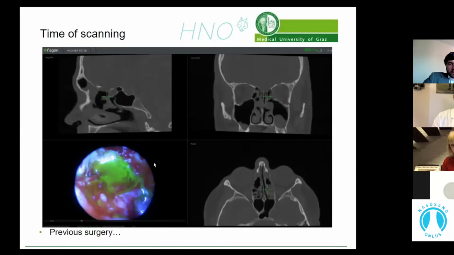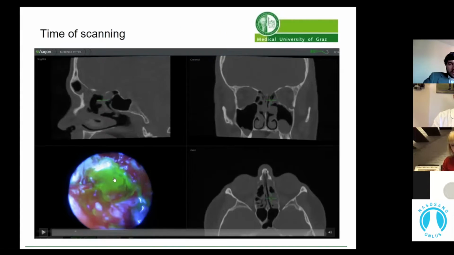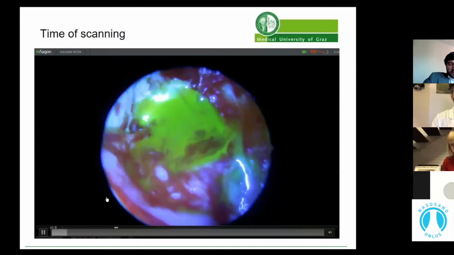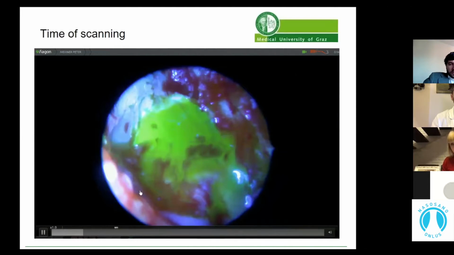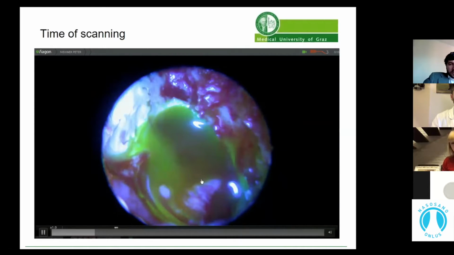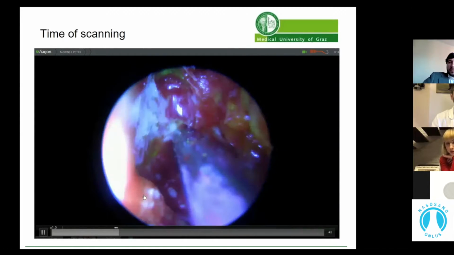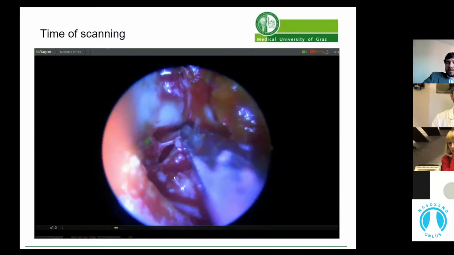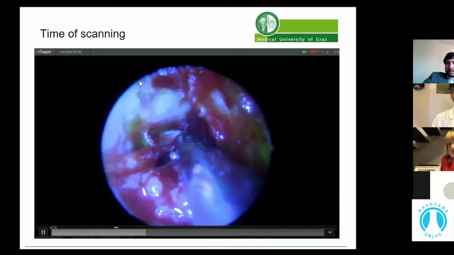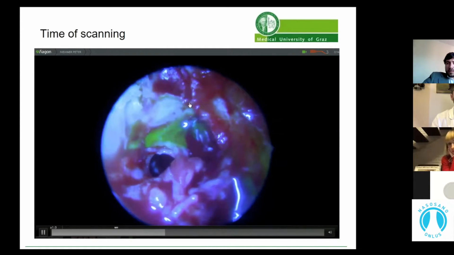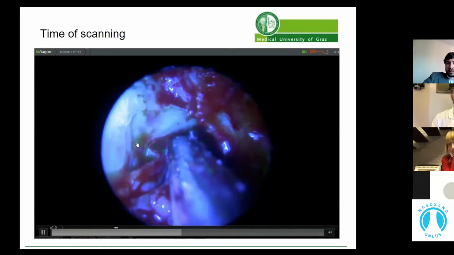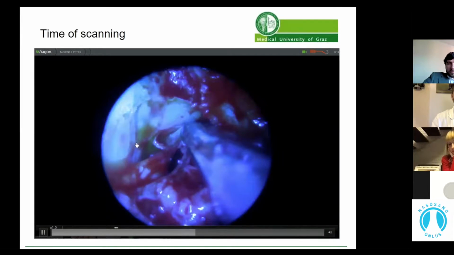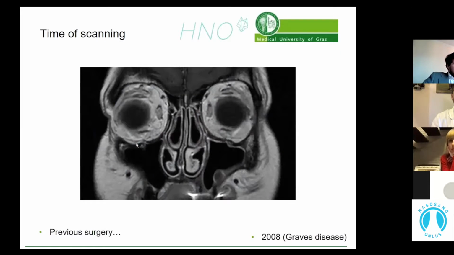We applied fluorescein preoperatively, and here you can see nicely using 3D navigation how it looks if you apply fluorescein preoperatively, and here we see our quite large defect at the skull base, which you cannot easily miss in a recurrent disease patient.